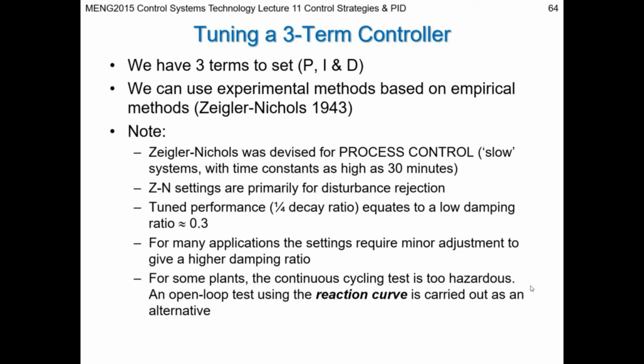But when they did their work, when they did their research and came up with their methods, they were using control systems again for process control. That's the kind of process industry type situation. And process industries would have very slow, long time constants, as high as up to about 30 minutes.